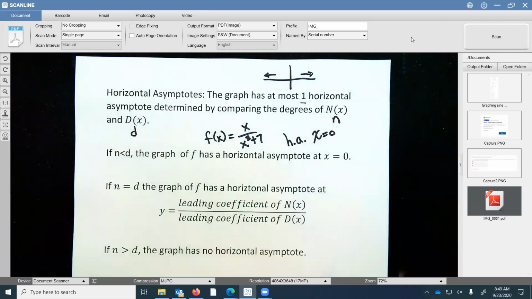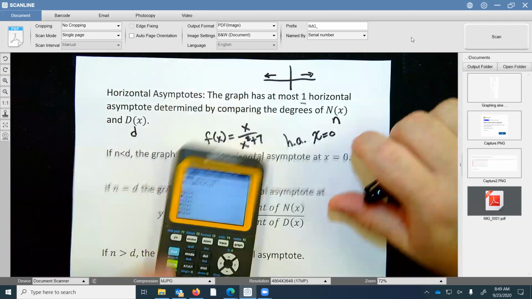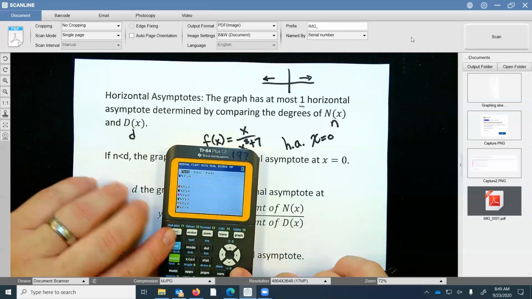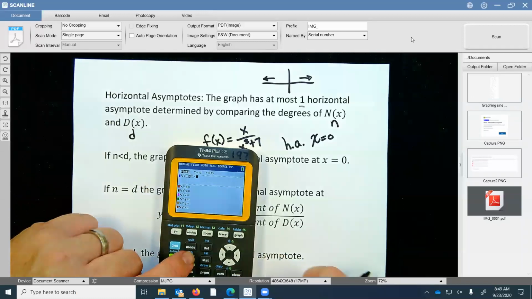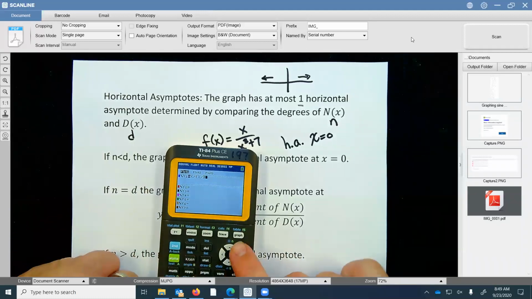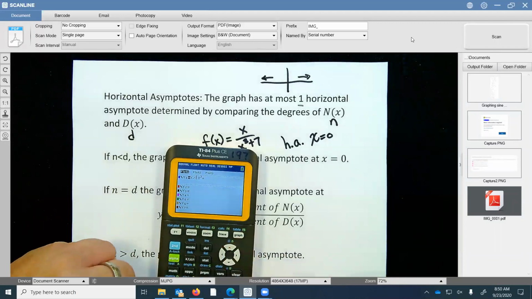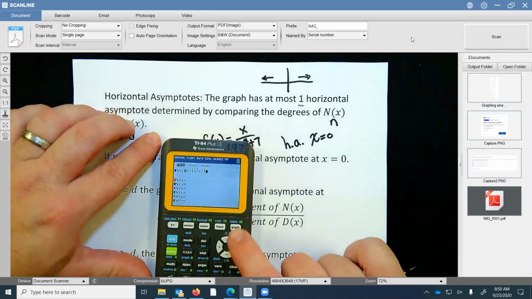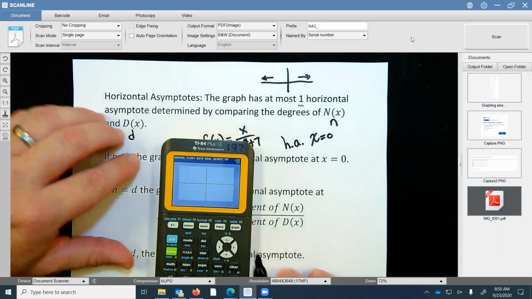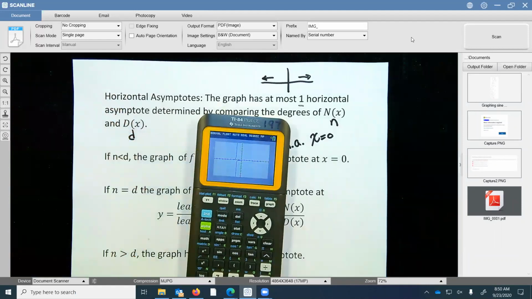So let's go ahead and graph this guy here. X divided by x cubed plus 7, did I say? Okay. Graph. Let me zoom in just a little bit there.